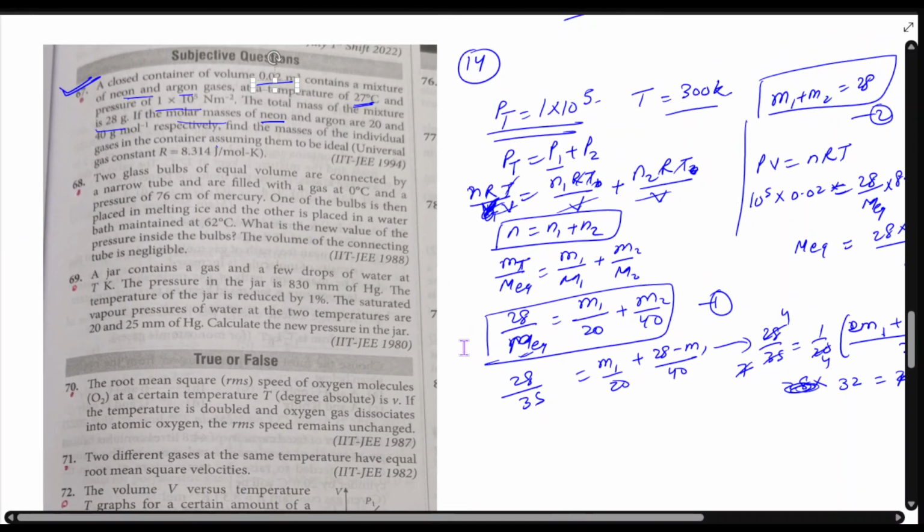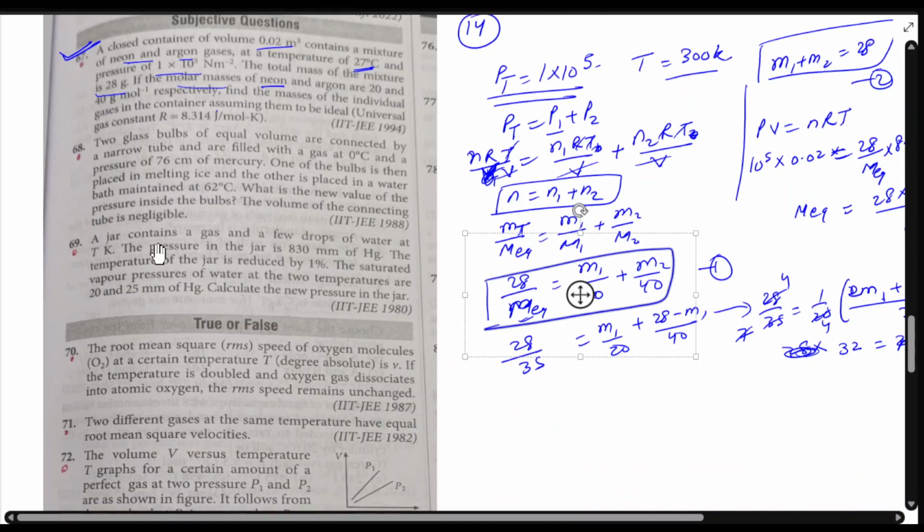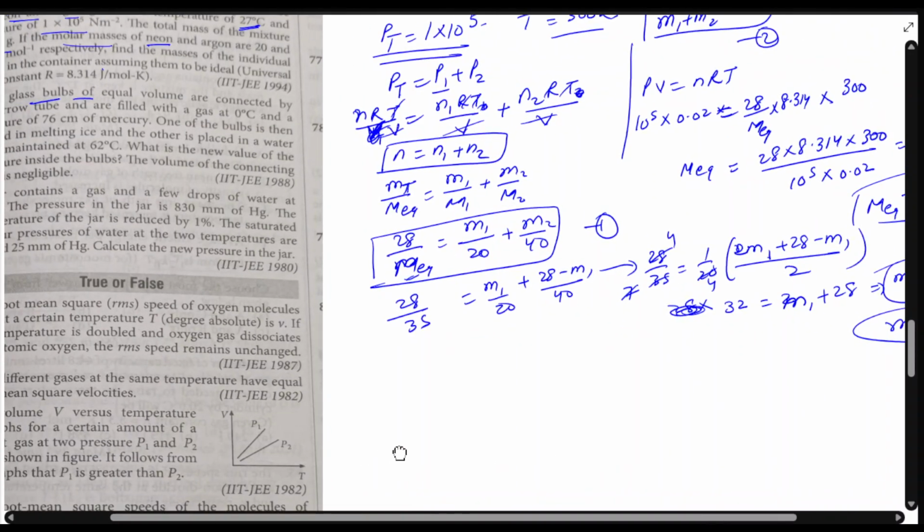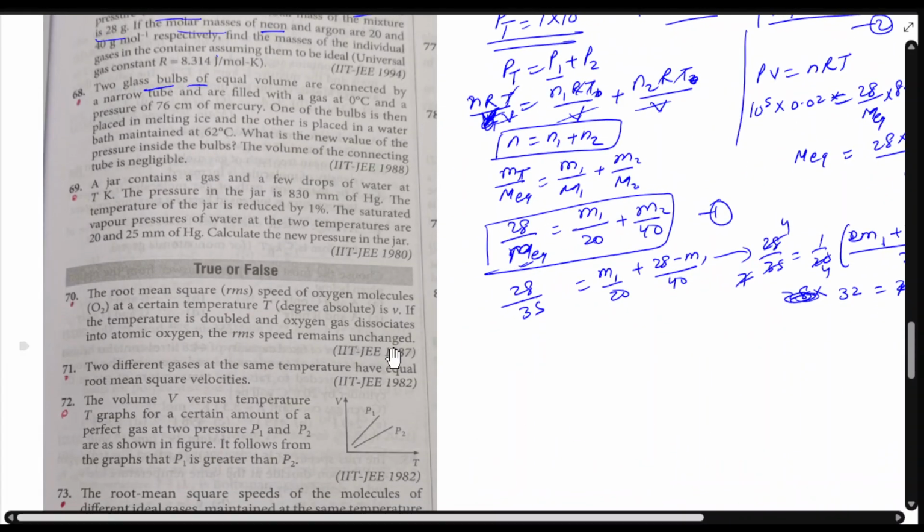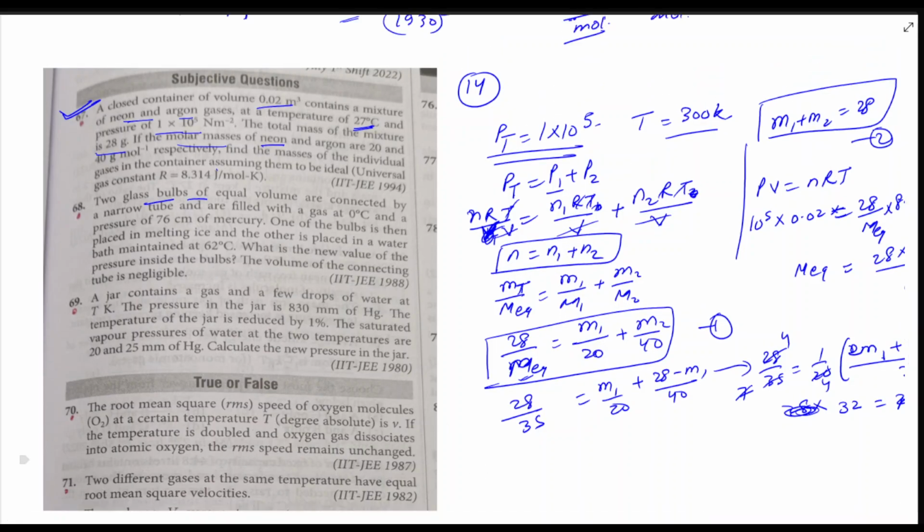So we have two glass bulbs of equal volume connected by a narrow tube, filled with the gas at 0 degrees Celsius and pressure P naught.